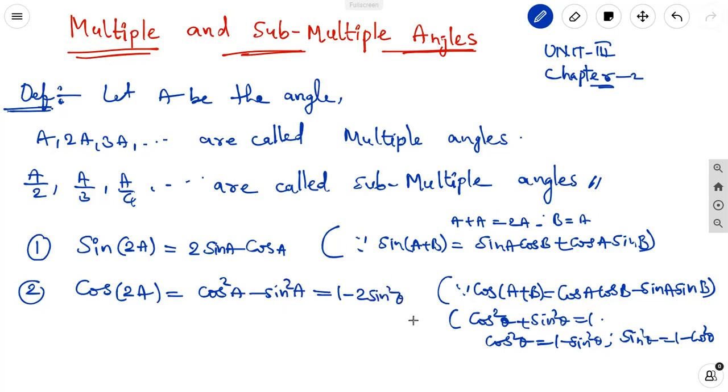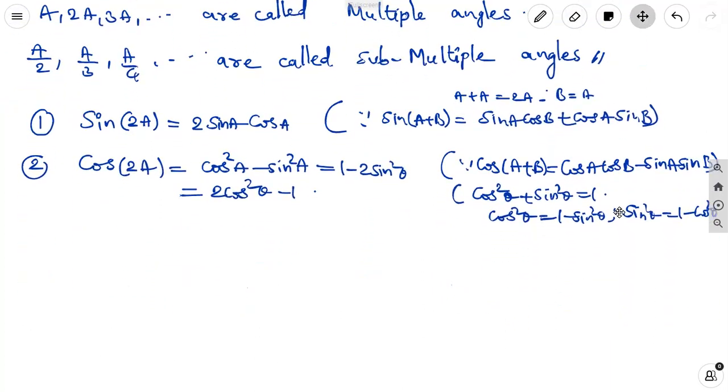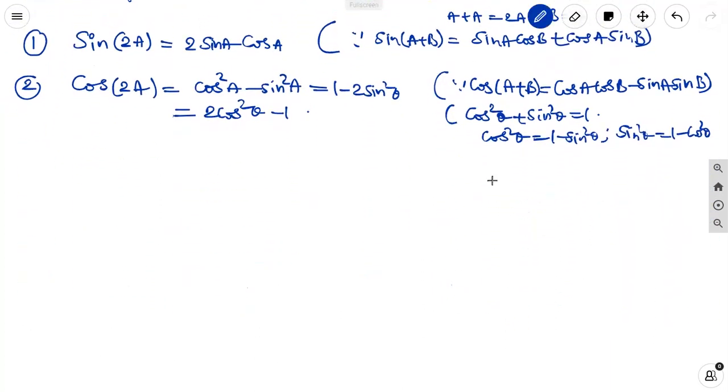And in the place of sine square theta, we write 1 minus cos square theta; minus into minus is plus, so it becomes 2 cos square theta minus 1. The cos 2A is thus expressed in terms of only cos or only sine.